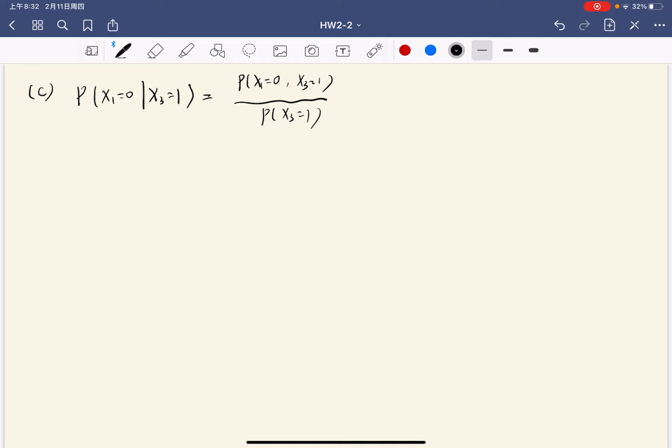And from Bayes, P(x1 = 0 and x3 = 1) equals P(x1 = 0, x2 = 0, and x3 = 1) plus P(x1 = 0 and x2 = 1 and x3 = 1).